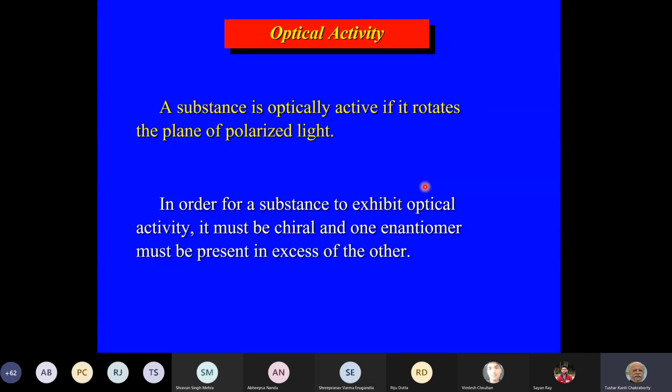We'll come to specific rotation in the next class, that is very important about chiral molecules.